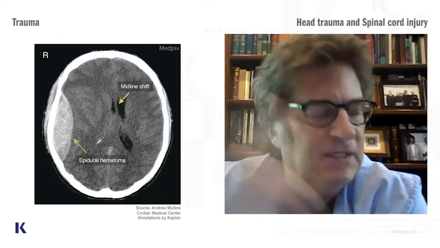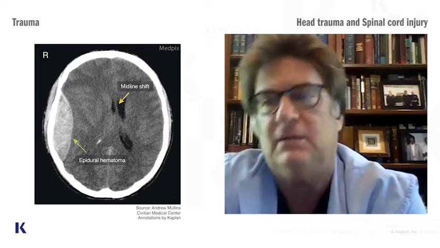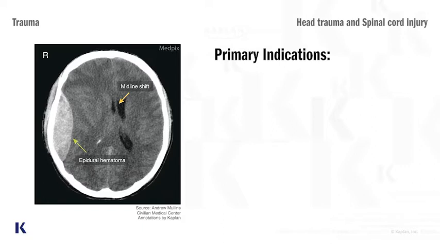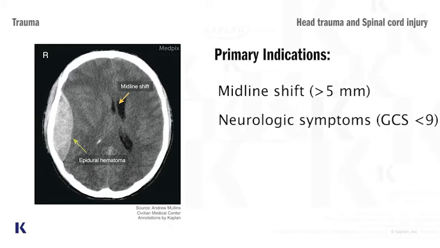The two indications for operating on an epidural or subdural hematoma are: one, shift to the midline, or two, neurologic symptoms. Let me repeat that. The two reasons you operate for an epidural or subdural: shift to the midline or neurologic symptoms.